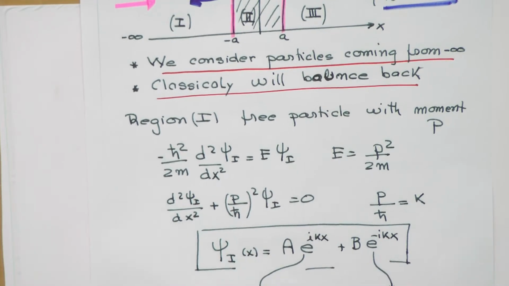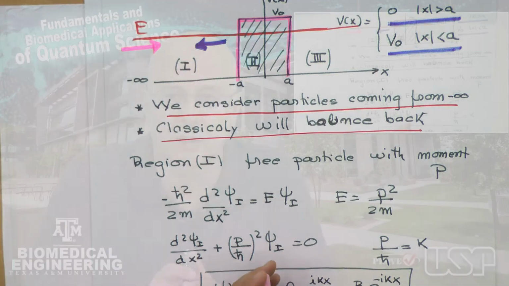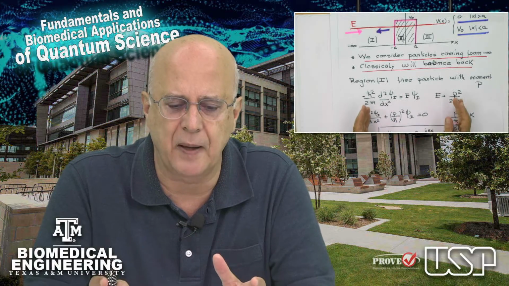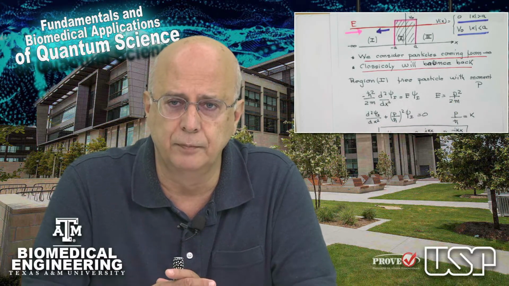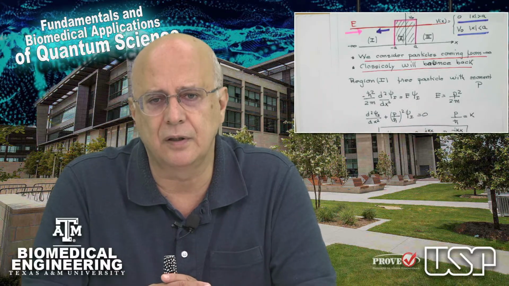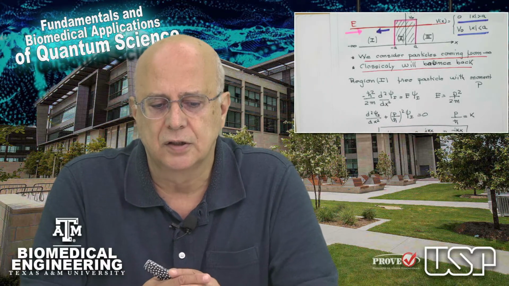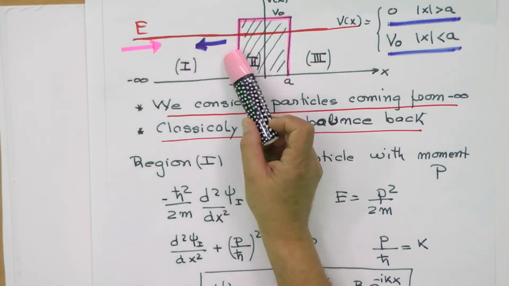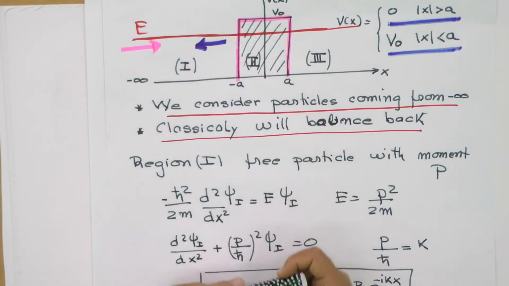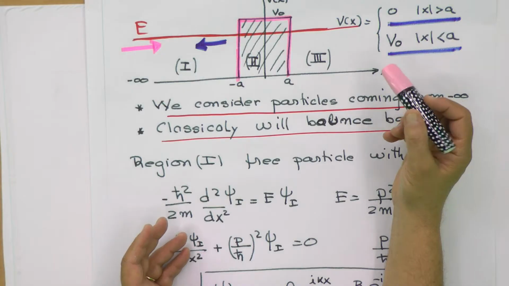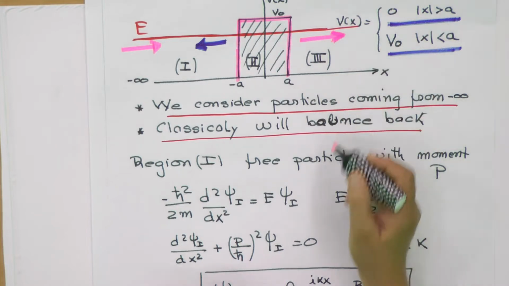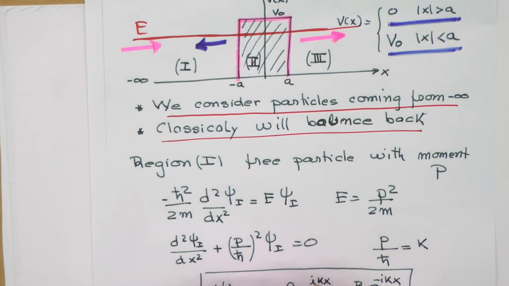Okay, so we're going to solve this problem using the Schrödinger equation. And as I told you before, in some examples we solved, we're going to divide the space in regions to be able to connect them using the Schrödinger equation. So we're going to consider the first region, which is the incident flux, and probably some reflection. Then we're going to consider the one that's called classically forbidden, and then the third one, where maybe we have a flux of particles passing through, which is the transmitted flux.